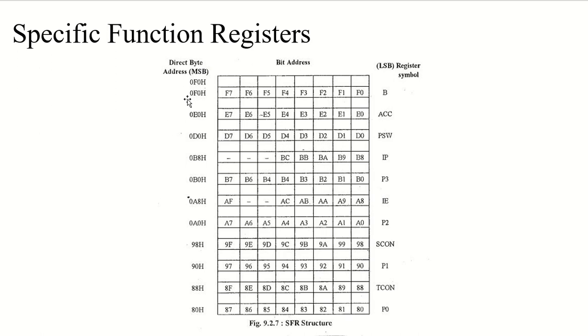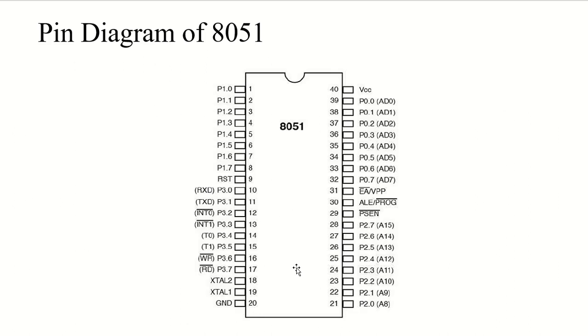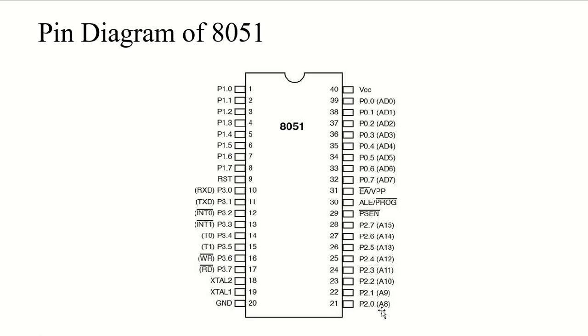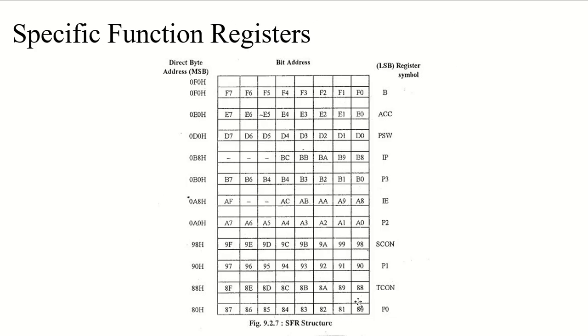If you see, it starts from P0, which is located at 80H, and it consists of 1, 2, 3, 4, 5, 6, 7, 8 registers. You can also check the pin diagram. P0 stands for the zeroth port, and you can see how many pins it has: 1, 2, 3, 4, 5, 6, 7, and 8. So it consists of 8 pins. In the same way we have TCON, which starts from 88H.